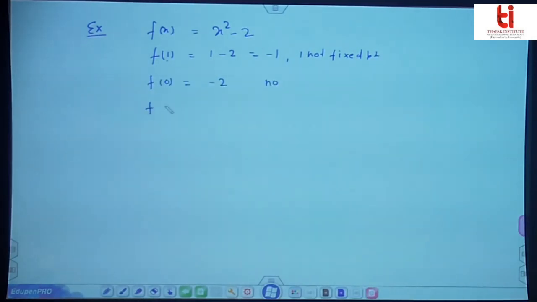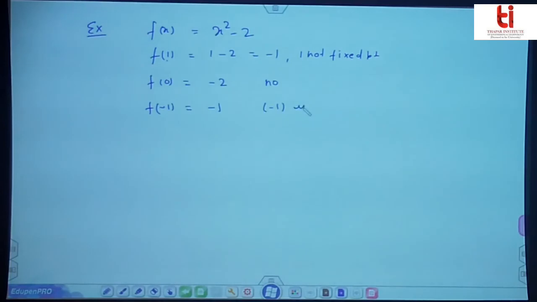One more example we can take. f(x) equals x square minus 2. What are the fixed points in this case? Here f of 1 equals 1 minus 2, minus 1. Not a fixed point. F of 0 is minus 2. No. F of minus 1 is minus 1.